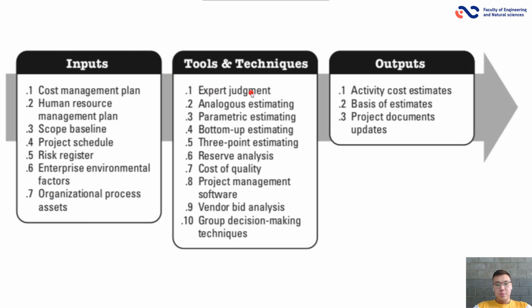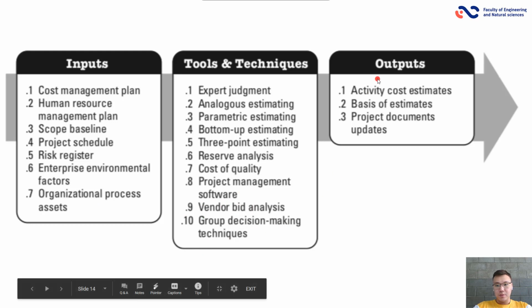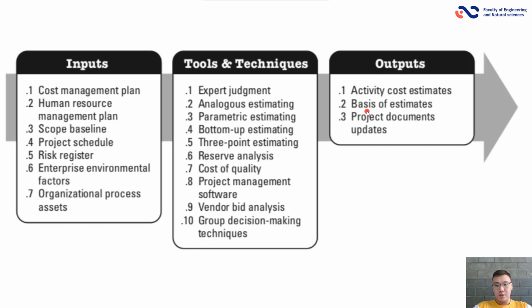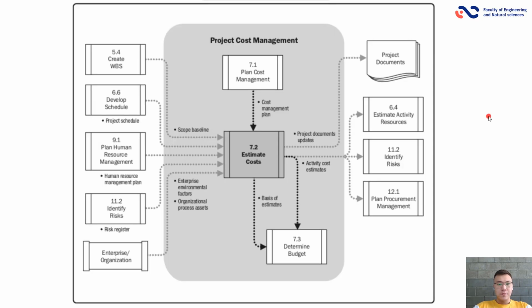In tools and techniques: expert judgment, analogous estimating, parametric estimating, bottom-up estimating, 3-point estimating, reserve analysis, cost of quality, project management software, vendor bid analysis, group decision-making techniques. In output: activity cost estimates, basis of estimates, project documents updates. It's the workflow of estimate costs.